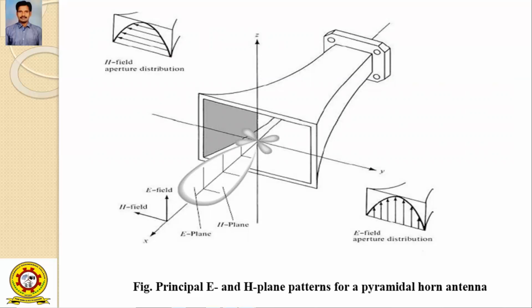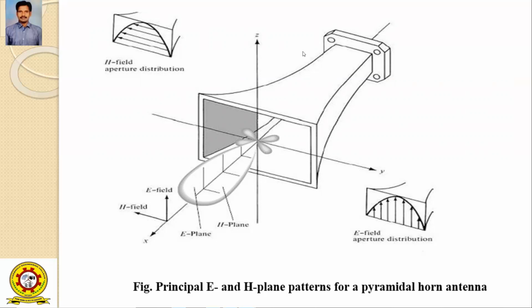This is the simple schematic to represent the E plane and H plane. The H plane is XY, the E plane is XZ. With this simple horn antenna, the maximum field is available in both the elevation and magnetic planes.